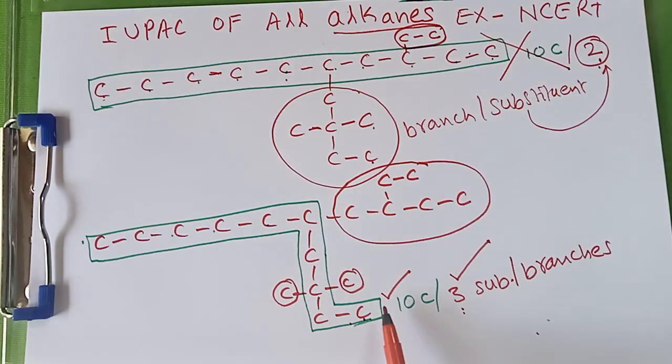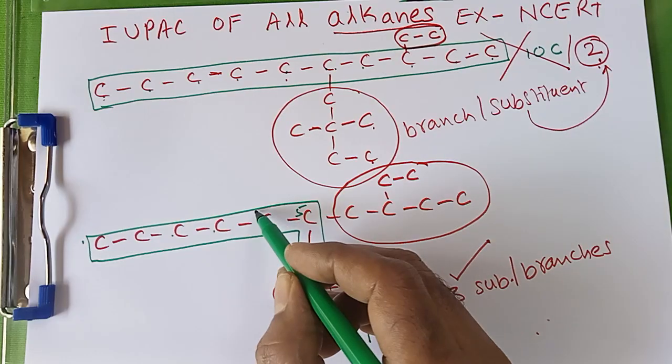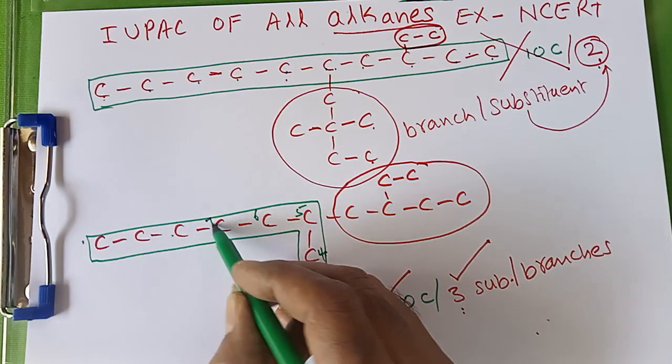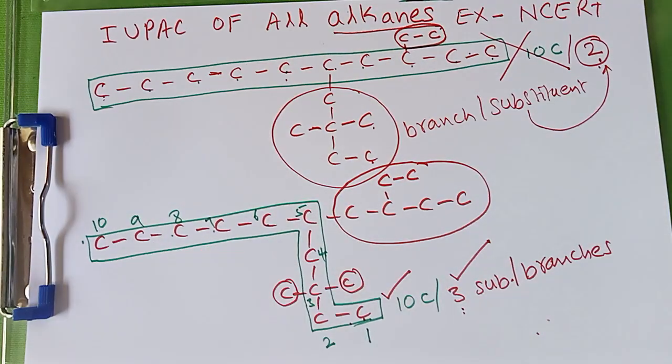First point, parent chain selected. The next point, numbering for this parent chain. IUPAC numbering, very important. 1, 2, 3, 4, 5, 6, 7, 8, 9, 10. Numbering is completed, because at this carbon, the third carbon, we get the lowest set of locants, methyl and methyl at carbon 3.